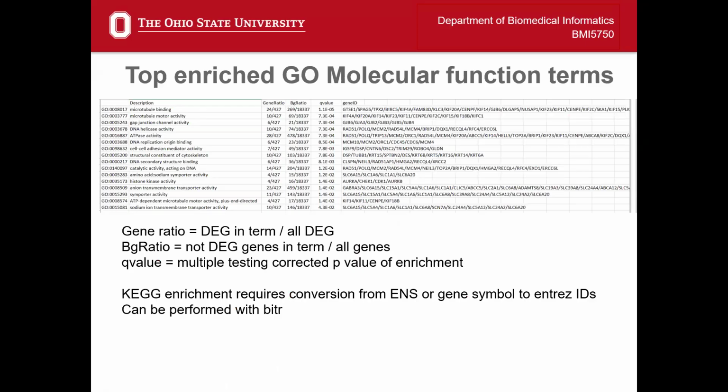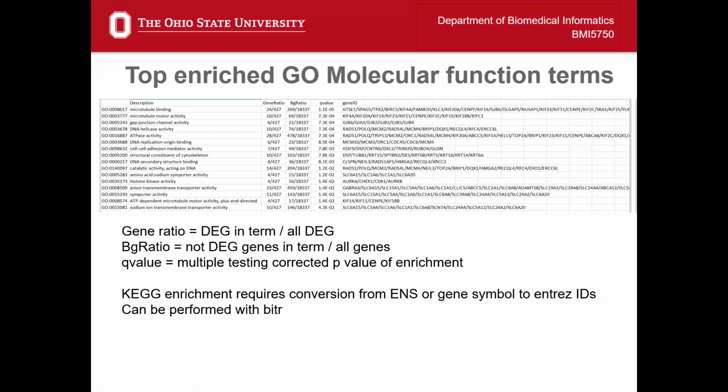So when we look at our results, this is what it's going to look like. It's going to list some gene ontology terms. It's going to tell us the ratio of differentially expressed genes in the term versus all of your differentially expressed genes.